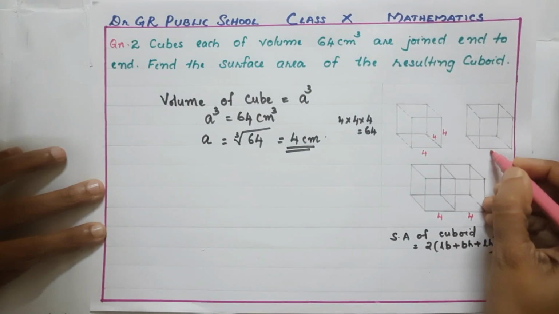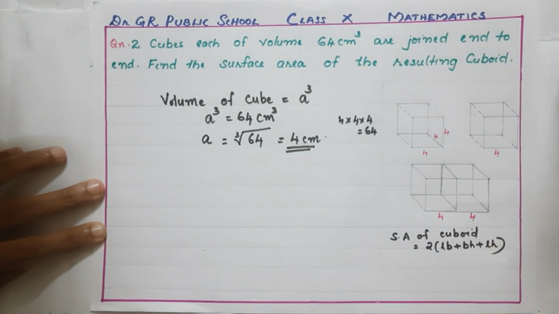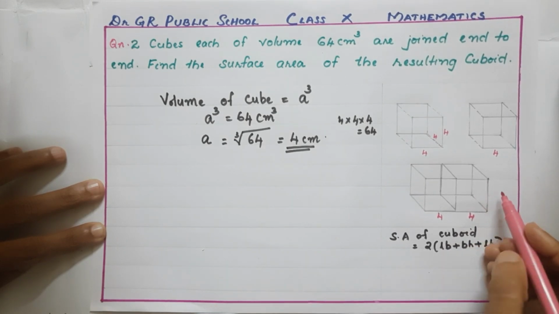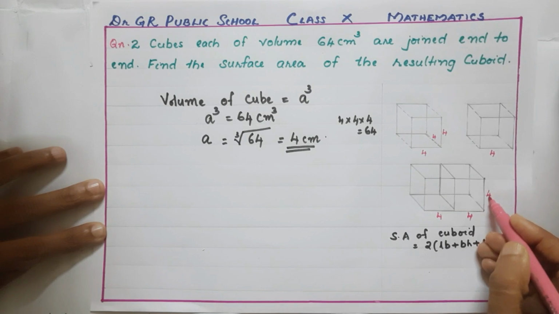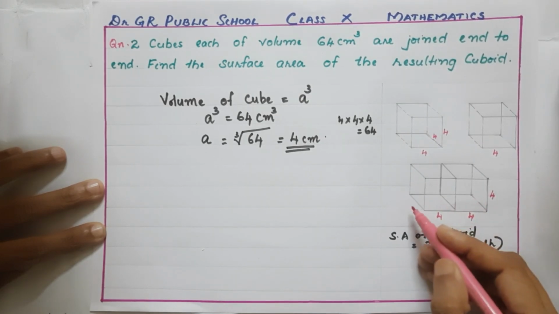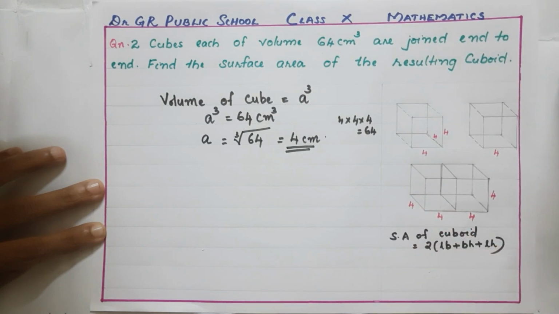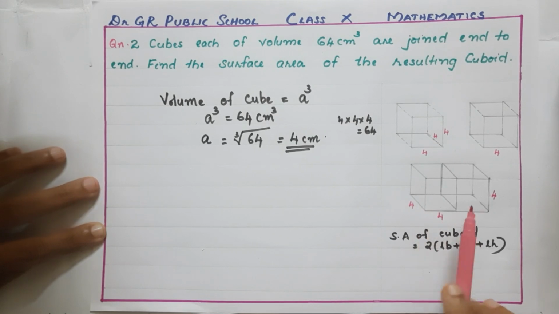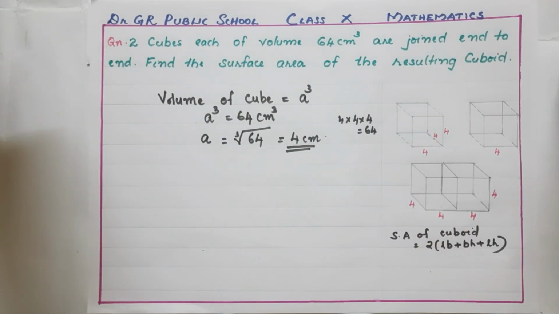So both the edges will be the same. Now what is the height? Height is also 4 centimeter and breadth is also 4 centimeter. So we got the dimensions of the resulting cuboid.